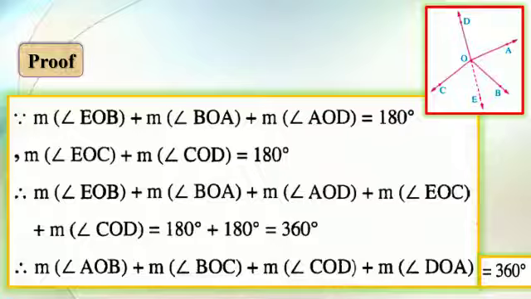So here the measure of angle AOB plus the measure of angle BOC plus the measure of angle COD plus the measure of angle DOA equals 360 degrees.